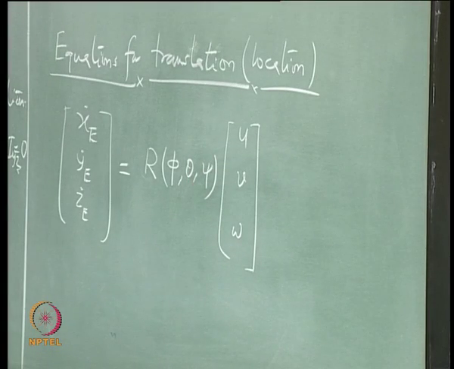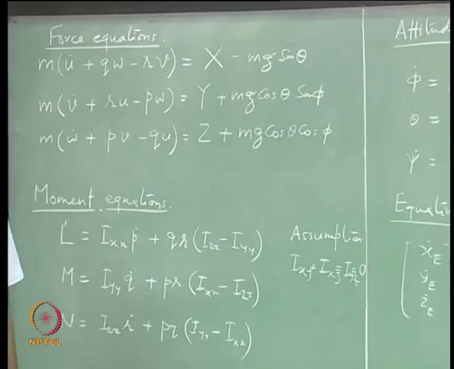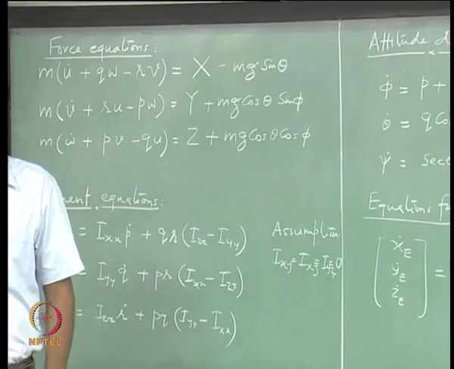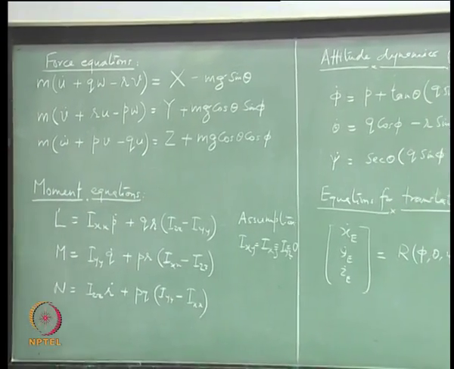Are these, right. So, now you have 12 equations, and what we want to do is look at the dynamic stability of aircraft using these equations.